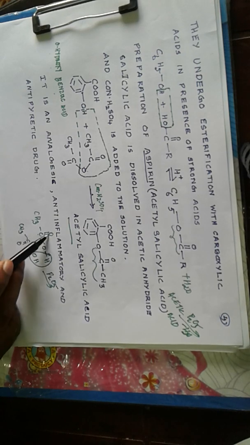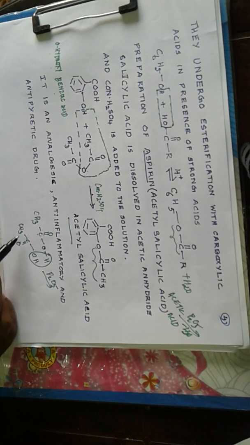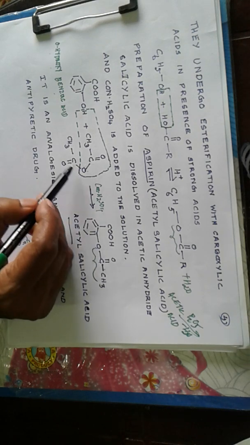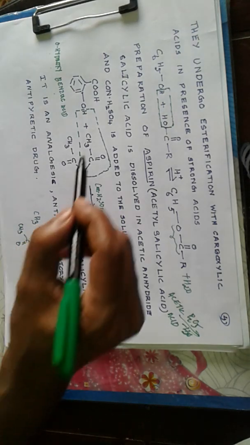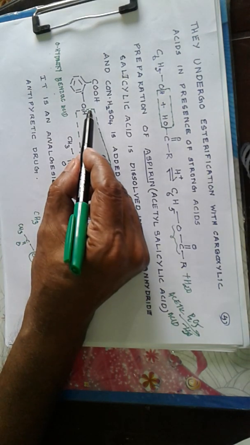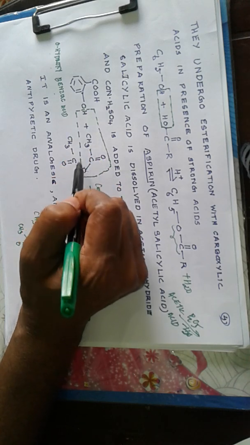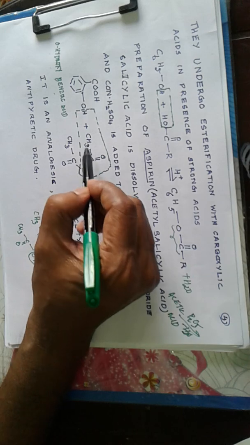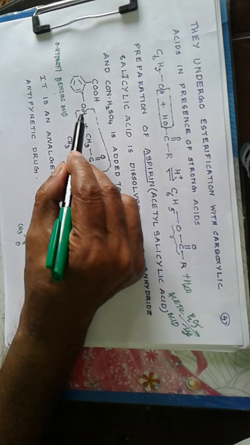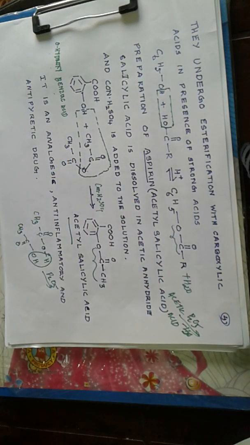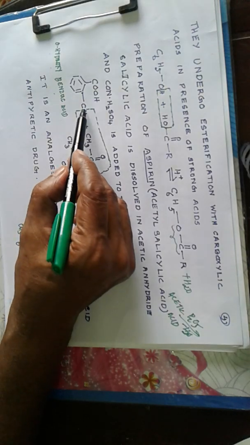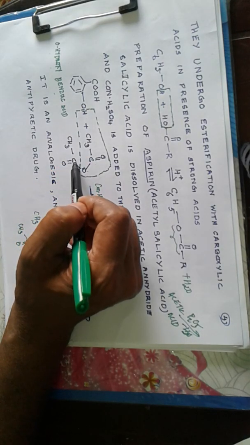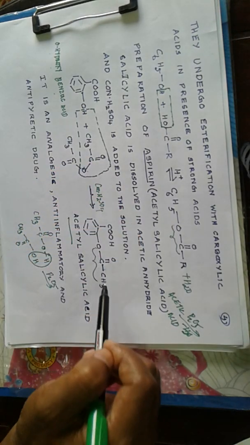We get CH3COOCOCH3. Now the H of the phenolic group combines with the CH3COO part, so that we get CH3COOH, acetic acid, and this oxygen atom is connected to this C carbon, C double bond O and CH3.